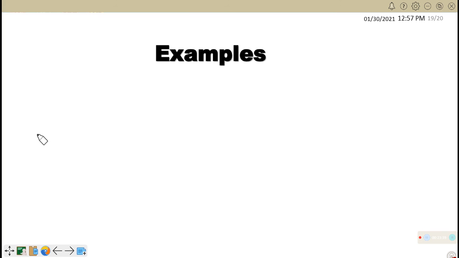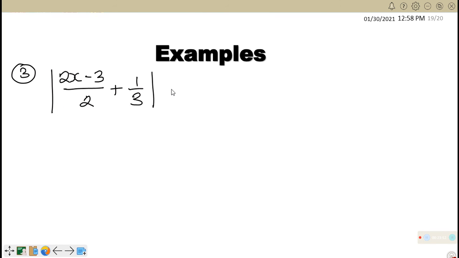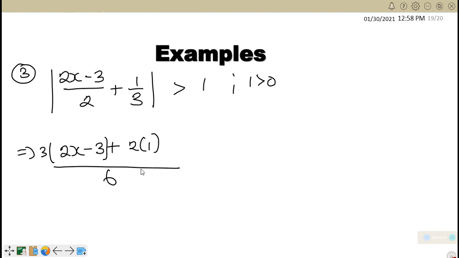So taking a look at this example, we have example 3: absolute value of 2x minus 3 over 2 plus 1 over 3 greater than 1. Of course 1 is greater than 0, so we take both sides. Combining the expression, we have 2x minus 3 over 2 plus 1 over 3, multiply this by 3, this by 2, everything over 6, absolute value greater than 1.